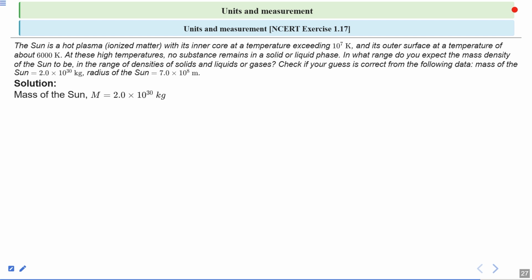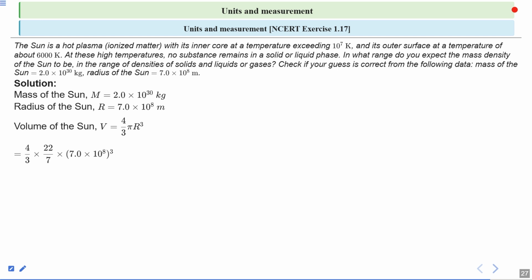So this is again a very easy question. Even if we get the significant figures wrong, it doesn't matter, because no numerical value is asked here. So mass is given, and you all know density is mass by volume. Radius is given, and the volume of the sun, taking it as a sphere, is 4 by 3 pi r cube.